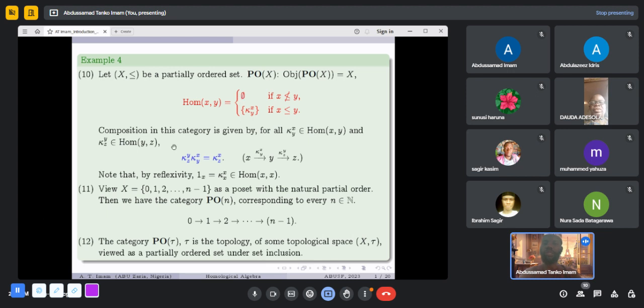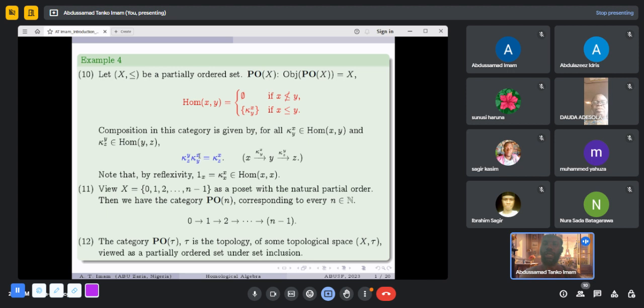So you see, this is a category, and the fact that this is a category follows from the fact that we have a partial order here. A partial order is a transitive binary relation, which is also reflexive and anti-symmetric. And so by transitivity, we can compose arrows.